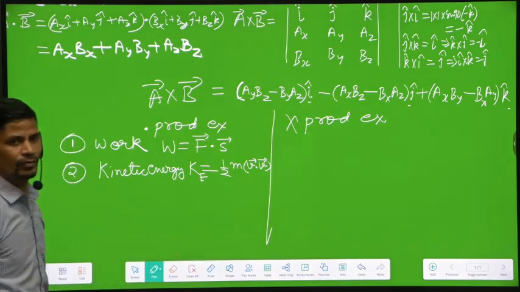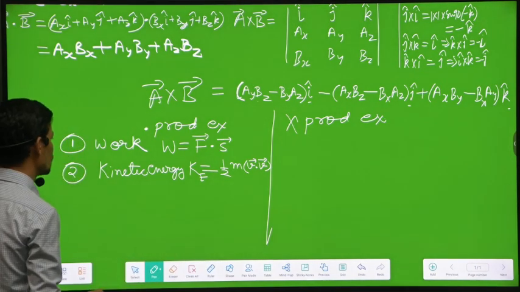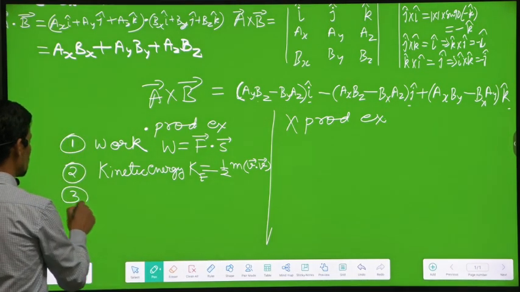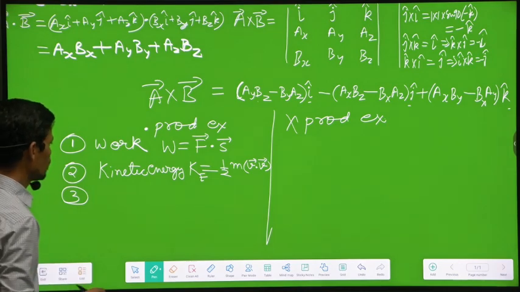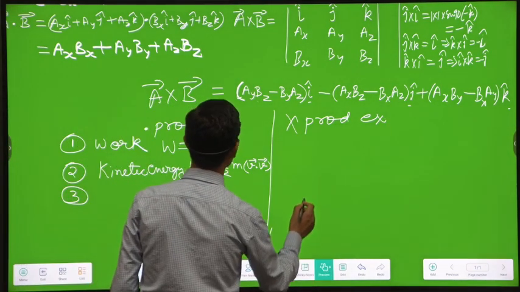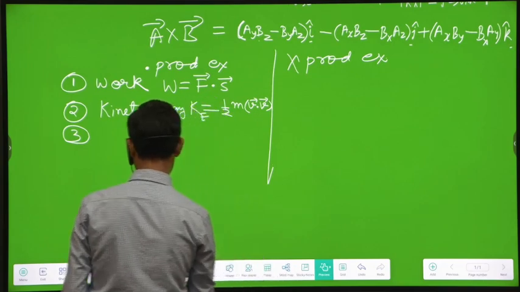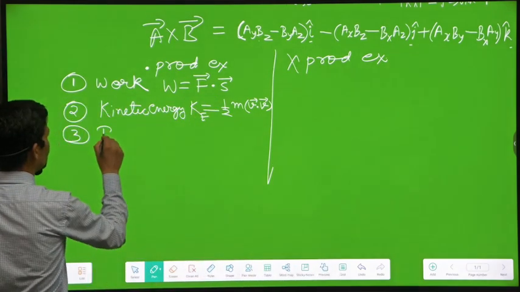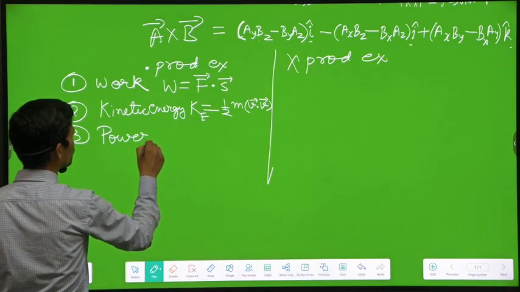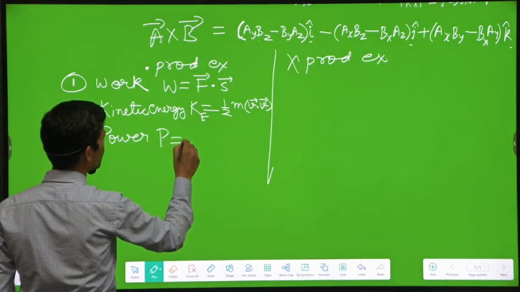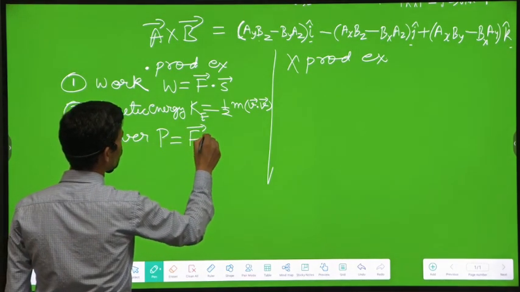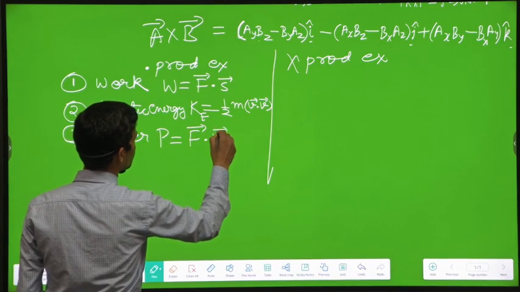Finally it will become v square, so nothing to bother about. Third is power. We know power is work upon time, but it is also force dot velocity.